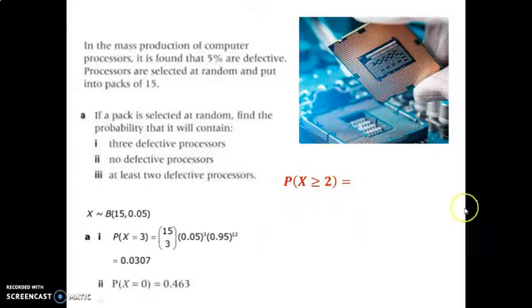So what will that look like if you write it as a complement? You would have to write it like this: 1 minus the probability of x is less than or equal to 1. Because if you're looking for 2 and greater, you want to find the probability of 100% minus 1 or less. It's easier to calculate 1 or less than to do 2 or greater.